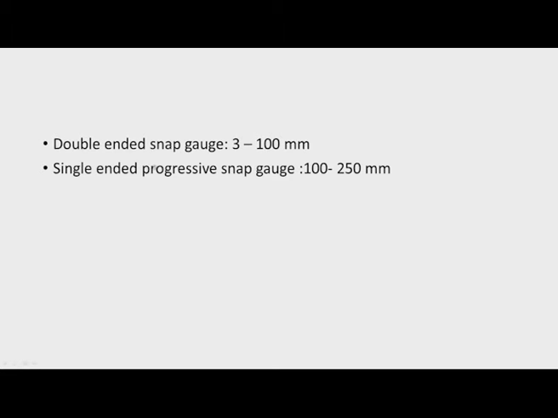Double ended snap gauges are available within this range, 3 to 100 millimeter, and if the diameter of the shaft increases, say it is above 100 millimeter, then we use a single ended progressive snap gauge. So it looks like this.